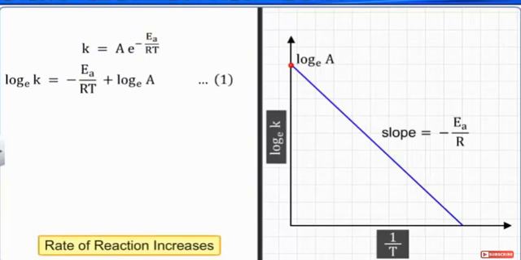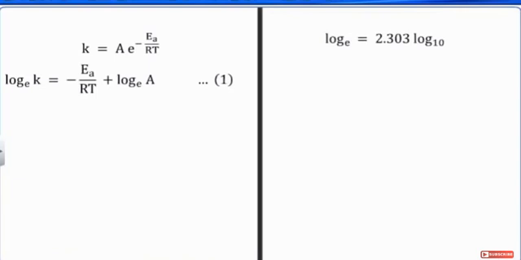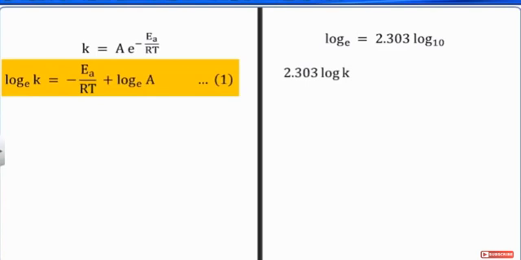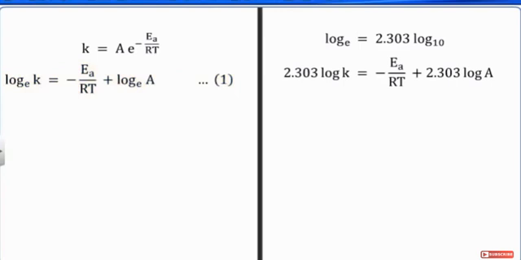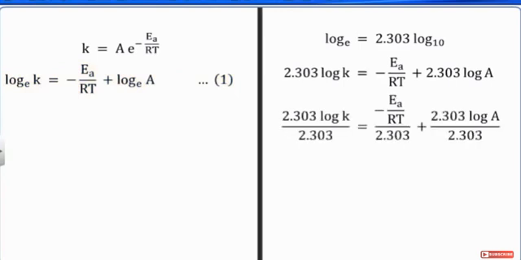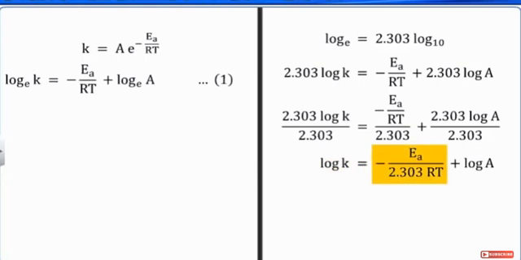As log to the base e is equal to 2.303 log to the base 10, equation 1 can also be written as 2.303 log k is equal to minus Ea by RT plus 2.303 log A. On dividing this equation by 2.303 on both the sides, we get log k is equal to minus Ea divided by 2.303 RT plus log A. Let this be equation 2.